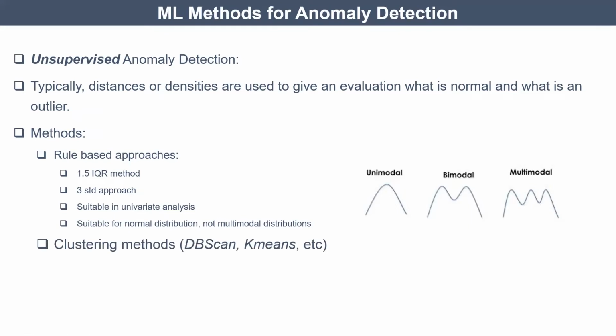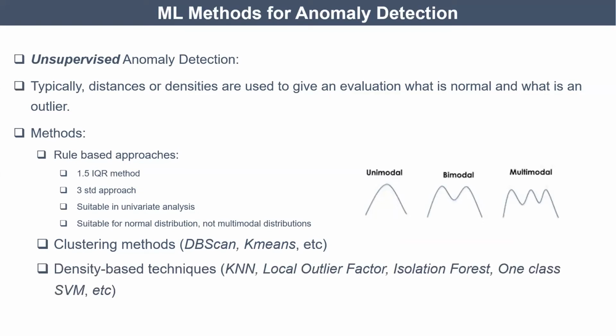We can also use clustering methods, DBSCAN, k-means for the same purpose. There are also other density-based techniques, k-nearest neighbor, local outlier factor, isolation forest, SVM, and there are many more actually. Bayesian networks are also used in anomaly detection.